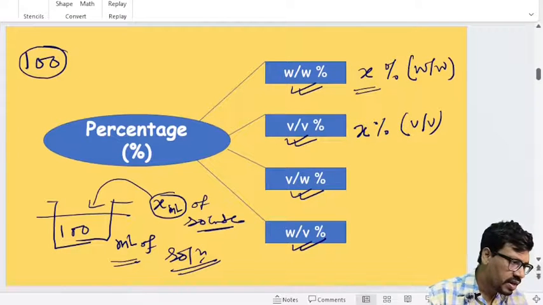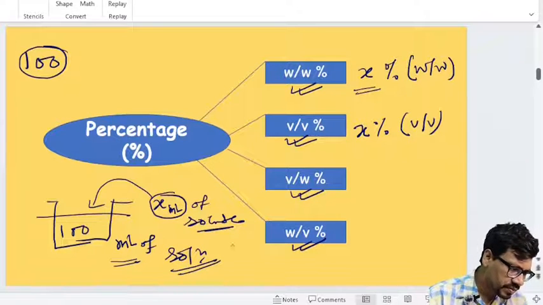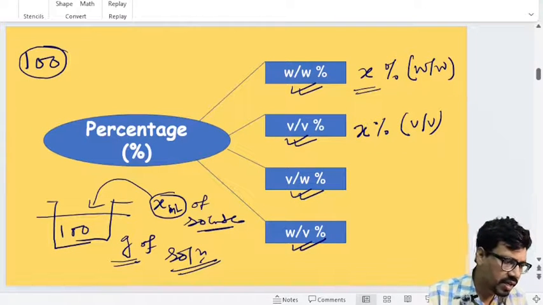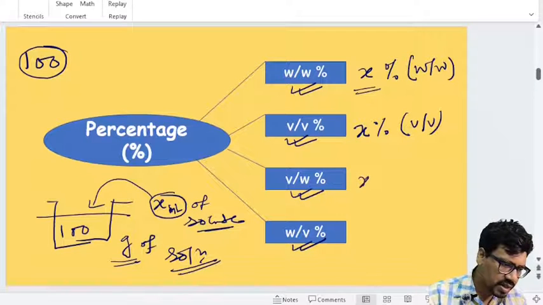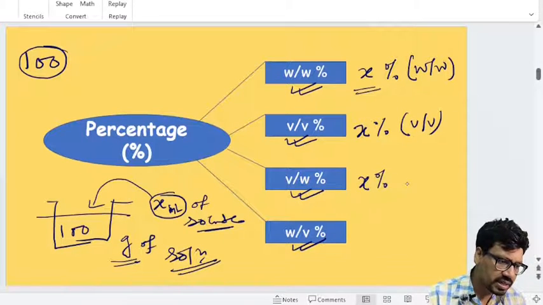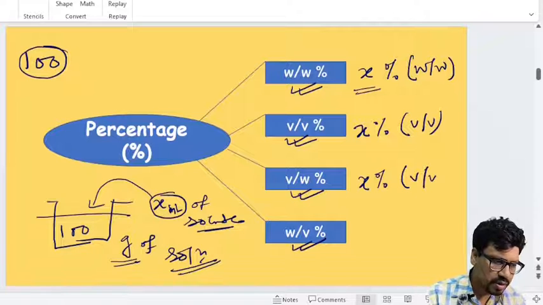Next, if in 100 gram solution, x ml of the solute is present, the percentage of the solute is x percentage, that is volume by weight.